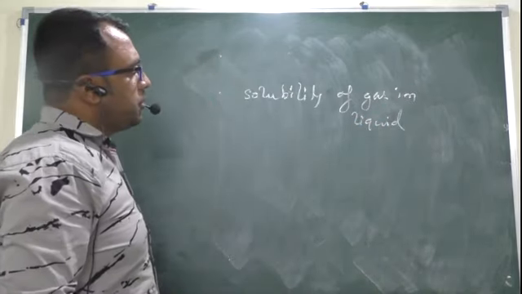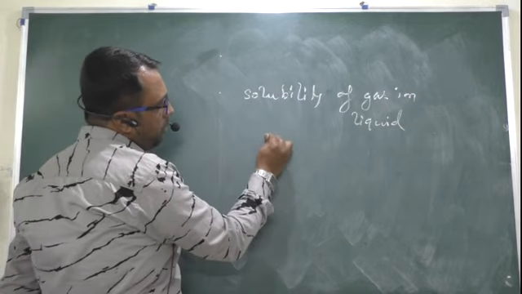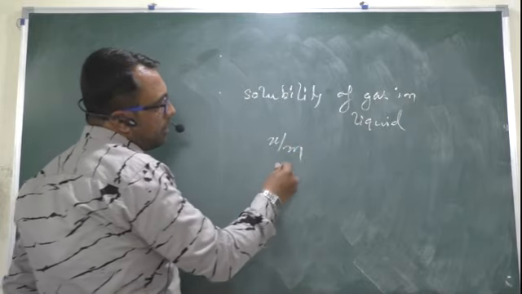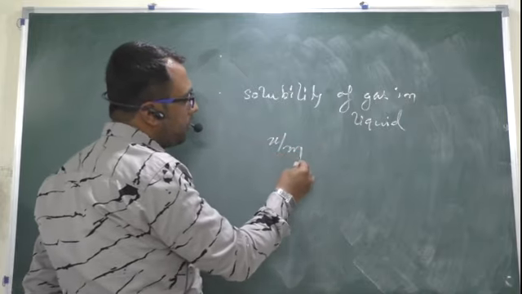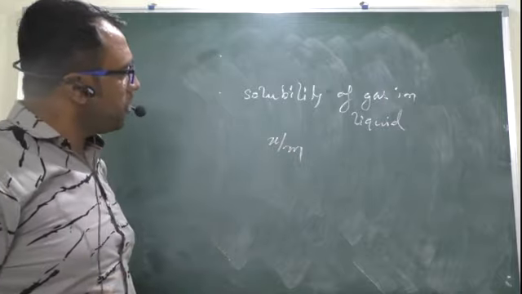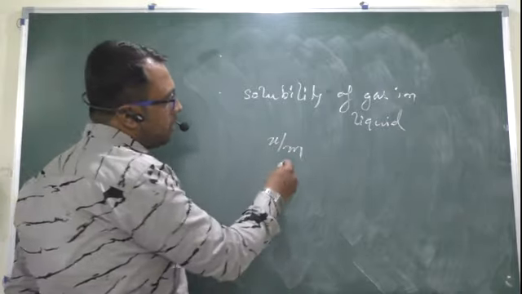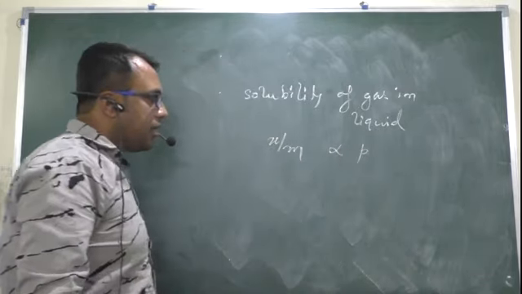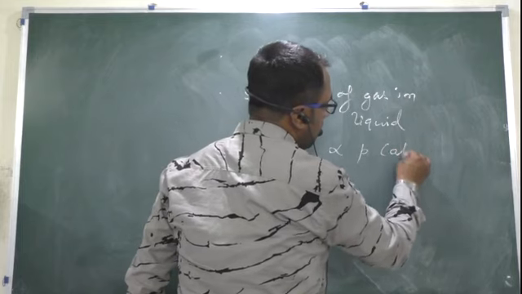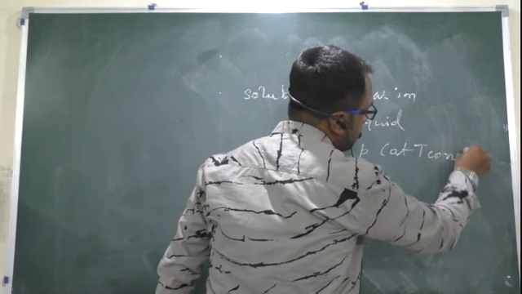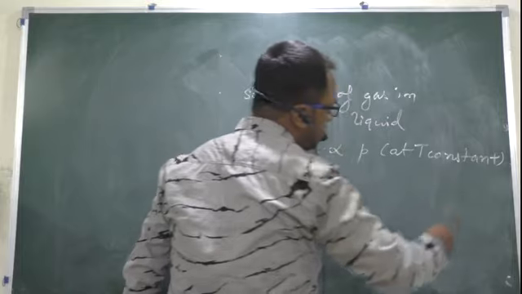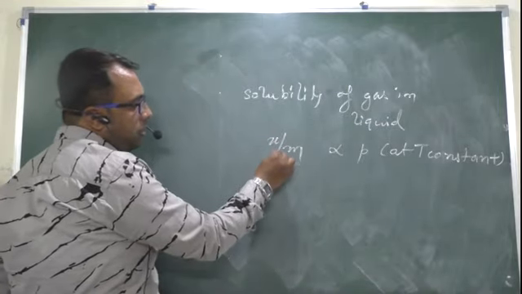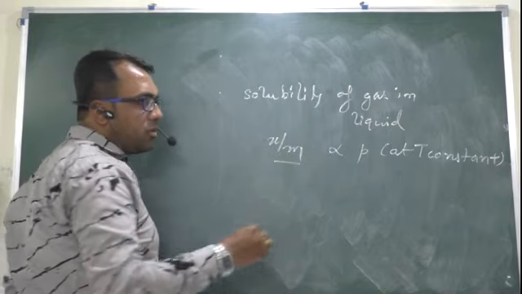As per the concept of Henry's law, the amount of gas dissolved, that is x/m, which is the number of moles of gas dissolved, is directly proportional to the pressure applied on the gas. But remember, in this process, the temperature must remain constant.